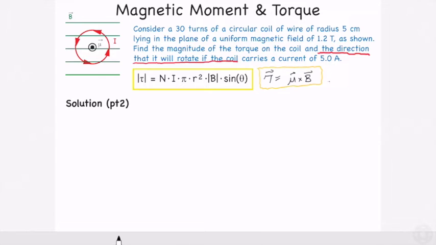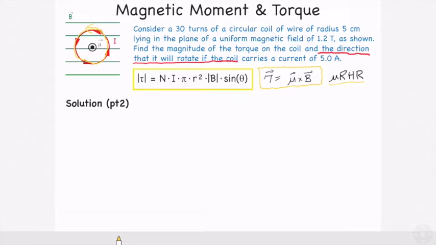And to do this, we're going to make use of what I've been calling the magnetic moment right-hand rule. To apply this, we take our right hand and we curl our fingers in the direction that the current is circulating.